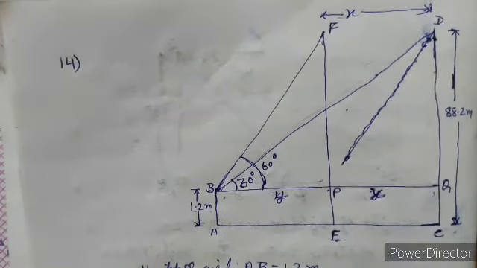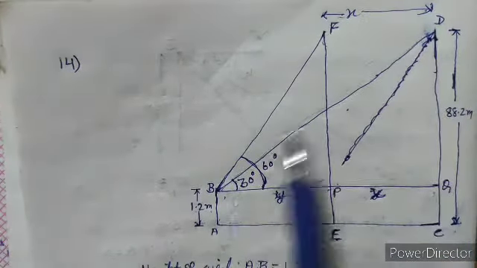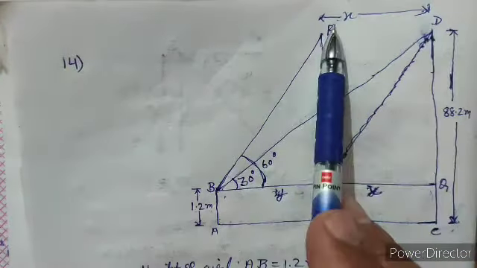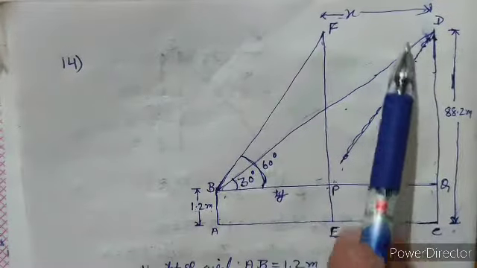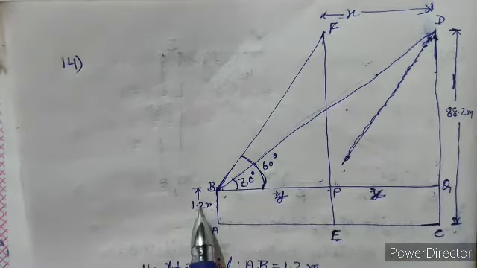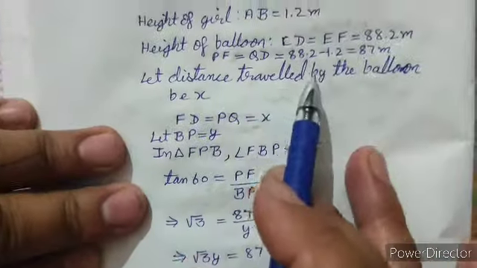Now here we are getting two right angle triangles. One is FPB and another one is DQB. Now here PF will be equal to QD, that will be 88.2 meter minus 1.2 meter, and that will be equal to 87 meter.